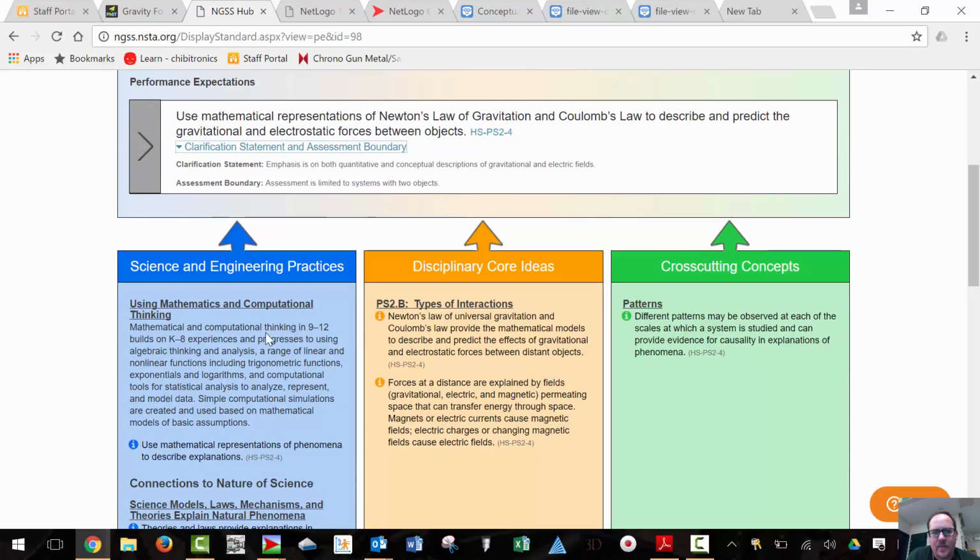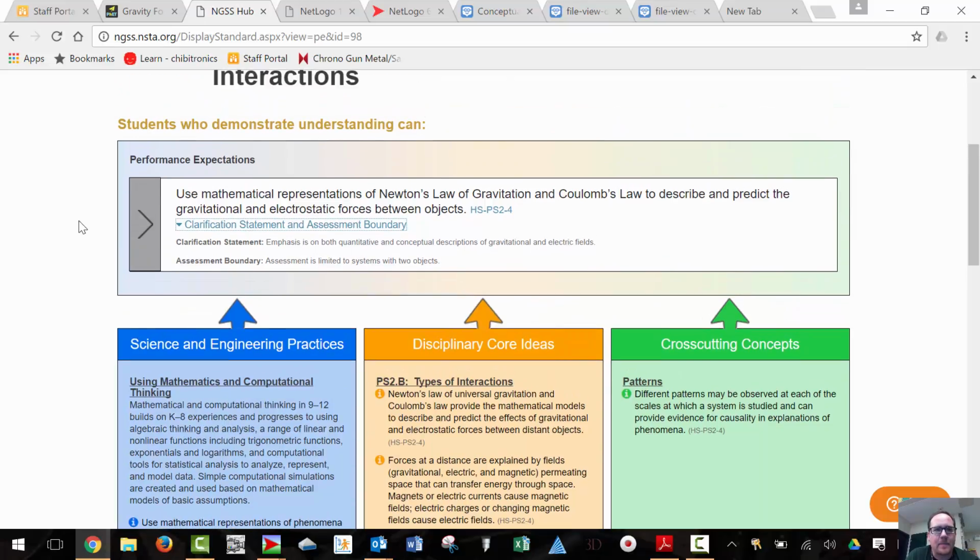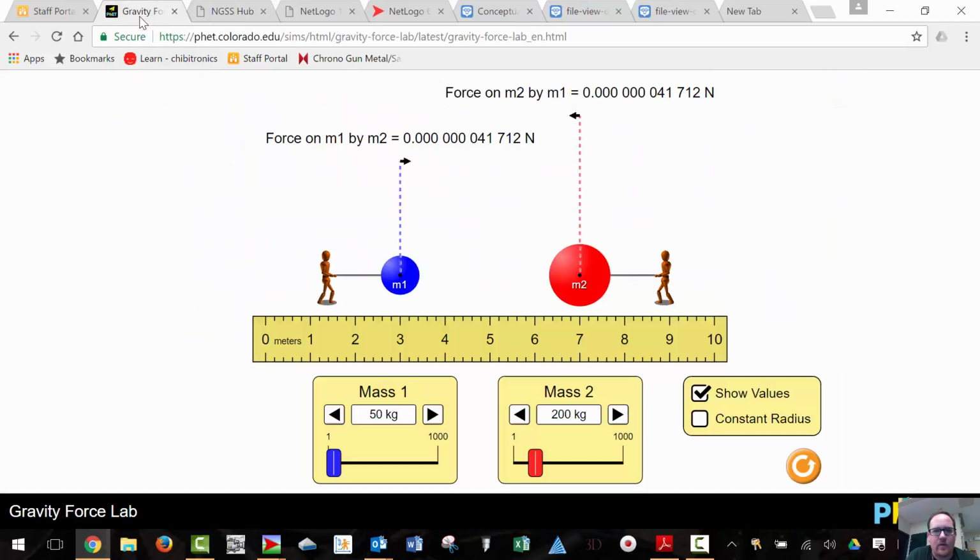And so, the lesson sequence really started with a conversation about gravity and finding out what my students already knew. And we were thinking about our solar system. And I ended up taking them over to this PhET simulation first.